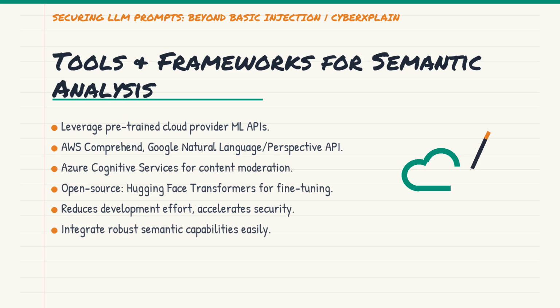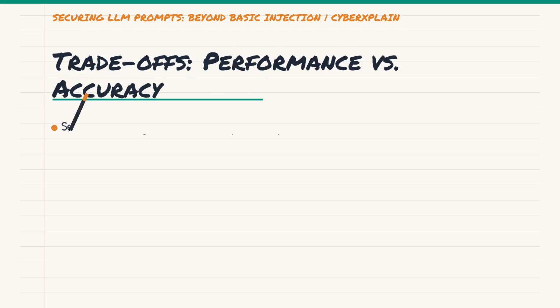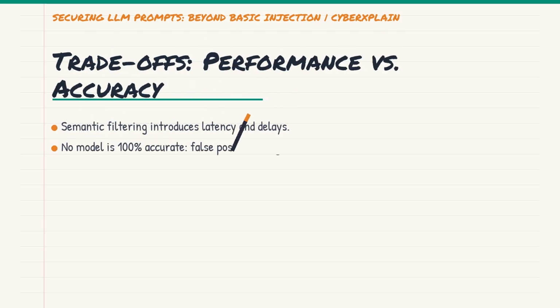You can also leverage open-source libraries like Hugging Face transformers to fine-tune smaller models for specific threat detection. This saves a lot of heavy lifting and allows you to focus on integrating these powerful capabilities into your LLM application. Just like strict input validation, semantic filtering has its own trade-offs.